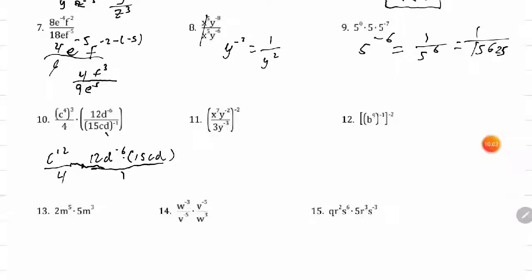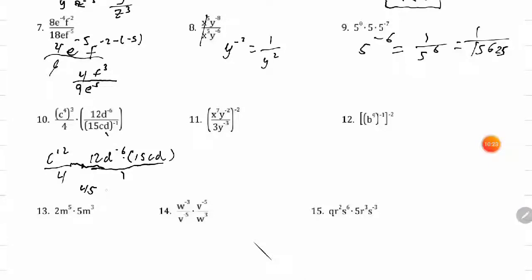So we have 12 times 15 divided by 4. If I put that in my calculator, I'll get 45. So that's 12 times this 15 divided by 4. So 45 here. And then we have c to the 12th times c to the 1st.